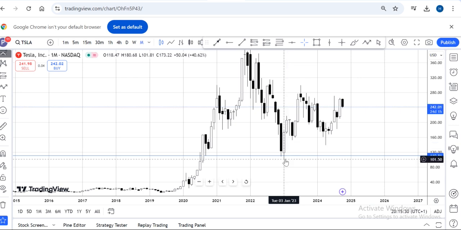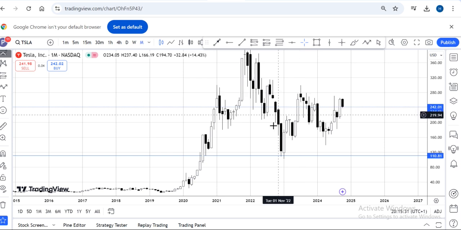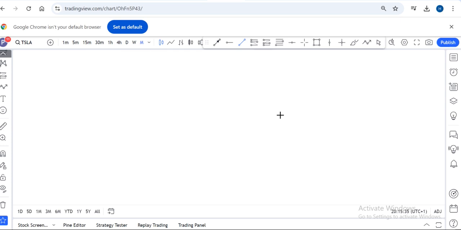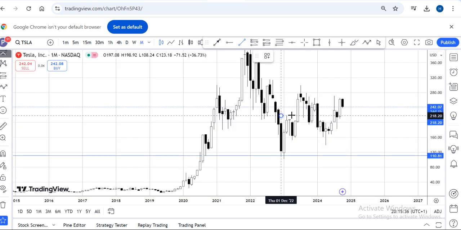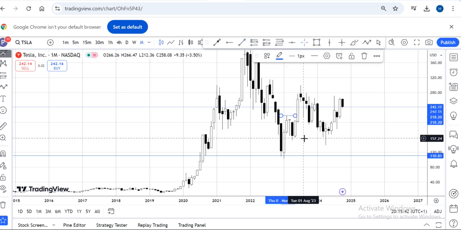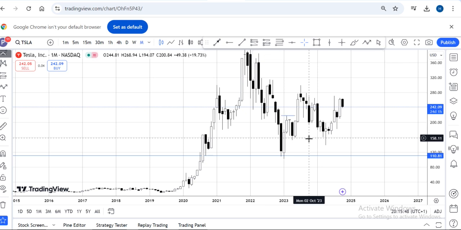Since it rejected this point and started pushing up, this is what we look for in the market, and this same strategy you can use to catch a buy on the stock market, the currency pair market, the index market, the crypto market, any market at all you want to analyze. This strategy works on all of them. Are you with me?